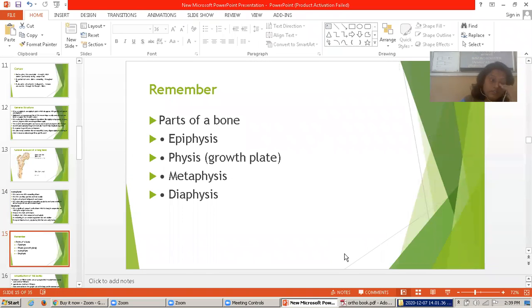So, when we study the development of the bone, the most important points to remember are the parts of the bone, that is the epiphysis, the physis, that is the growth plate, the metaphysis, and the diaphysis. So these are the parts of the bone we remember in the development of the bone.